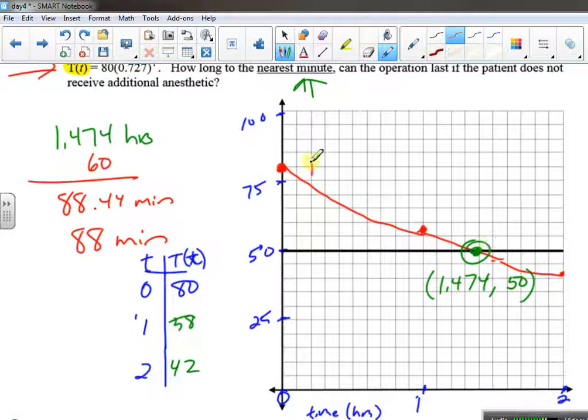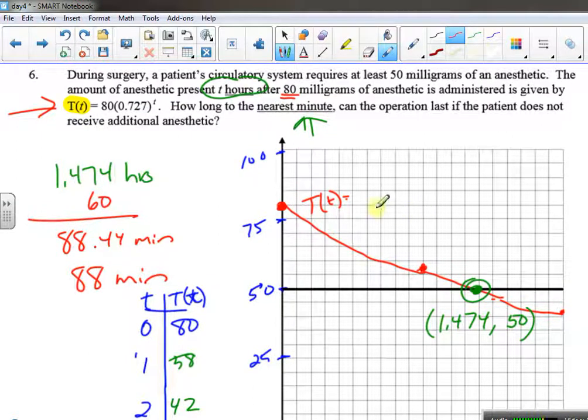Let's label this curve. T of t is equal to 80 times 0.727 to the t. I want to label this horizontal line, y is equal to 50. I should put a label on my y-axis as well, so we'll call that amount of anesthetic, and that is in milligrams.